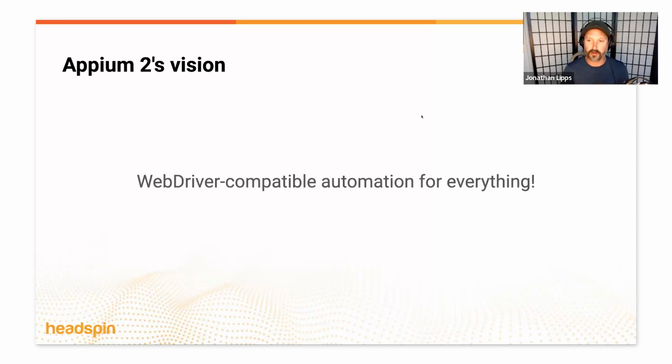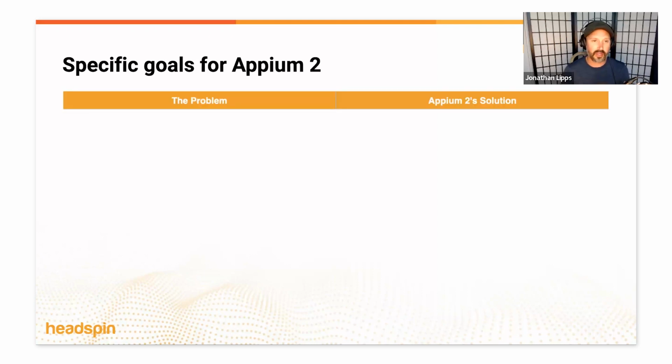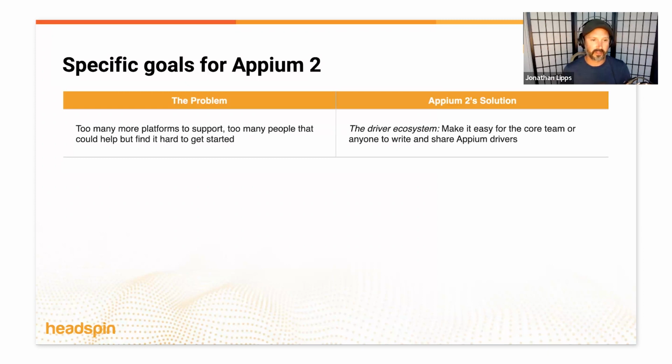But that came with a bunch of new requirements. But this is essentially Appium 2's vision, and this is why Appium 2 involves some of the changes that it does, which I'll go into in more detail. So these are some of our specific goals for Appium 2. We can look at them in terms of the problem that we're trying to address with a particular Appium 2 solution.